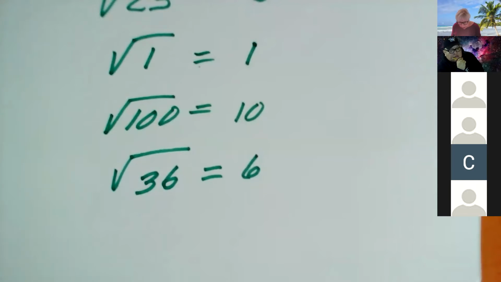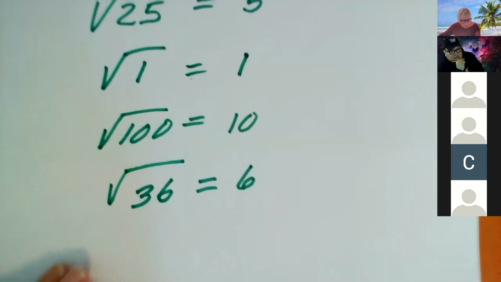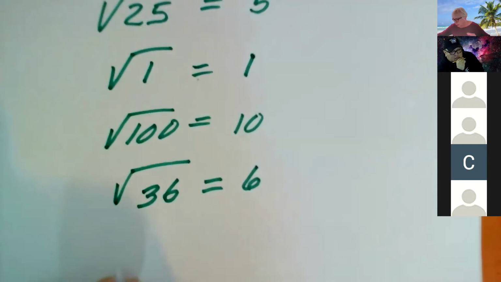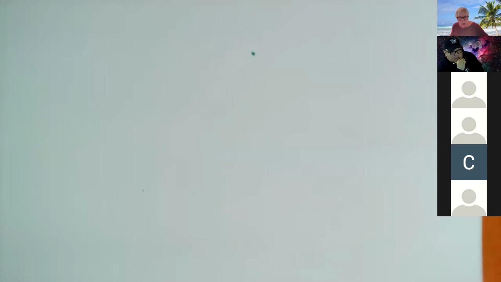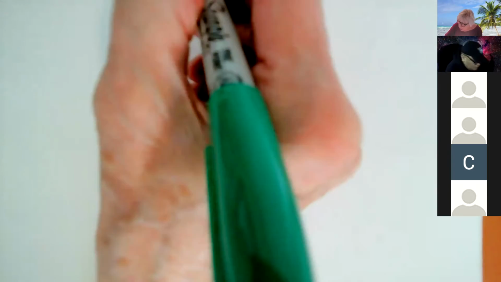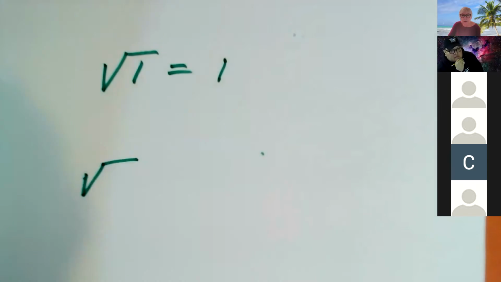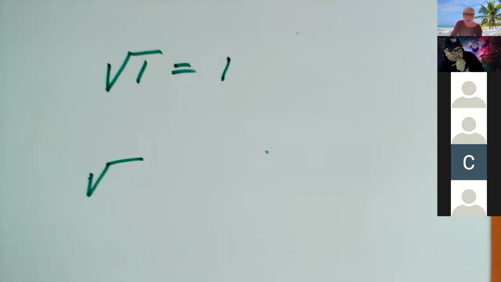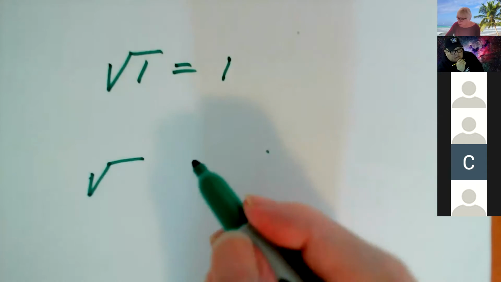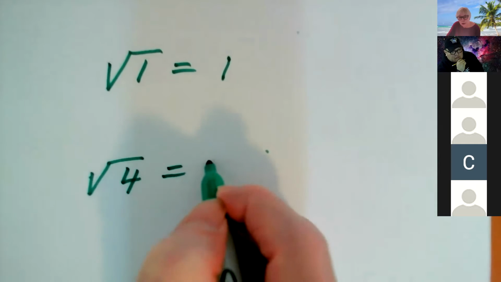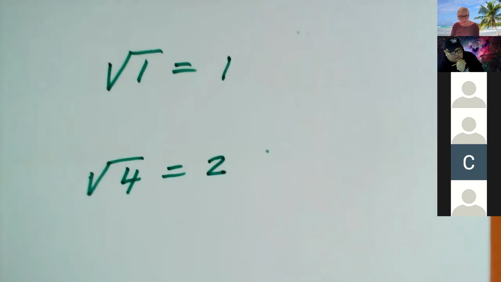The problem about square roots is as follows. I may have to go get more paper. If the square root of 1 is 1, and the square root of 4 is 2, right?